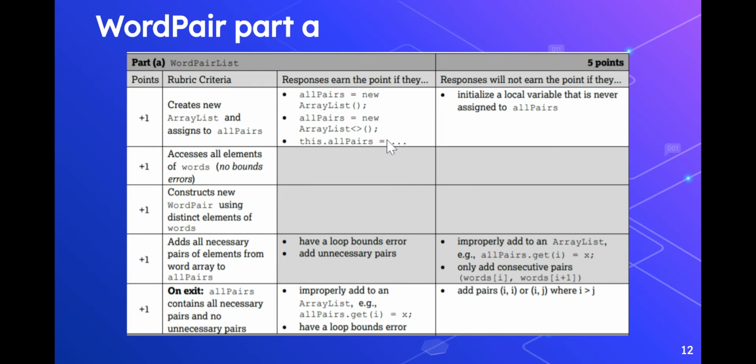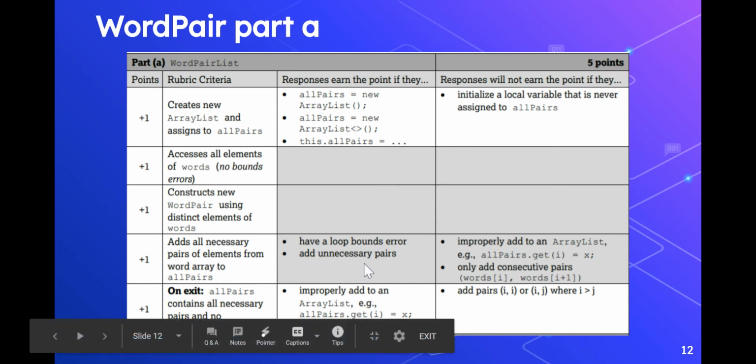So there's a bunch of different ways that they're allowing you to do that. If you refer to all pairs without having initialized all pairs, okay, that's a problem. So you're not going to get the point if you were to do that. If you have bounds errors, obviously you're going to lose points for that.